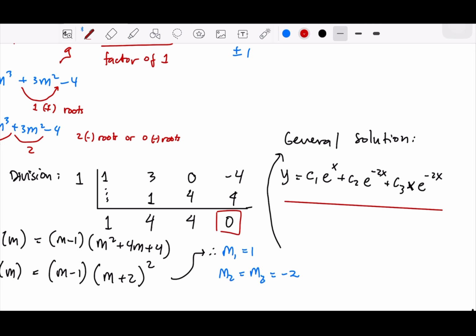So we are going to write and add this x to make it linearly independent. What happens if we have 3 with the same value? The next one will have x squared, and e will follow it. Okay? So it has a pattern, and I think it is quite easy to follow.